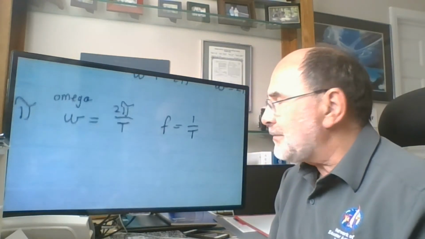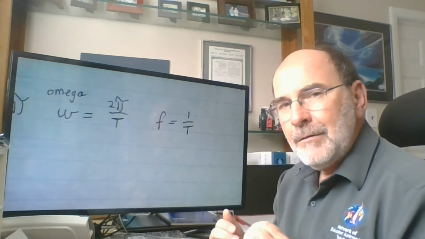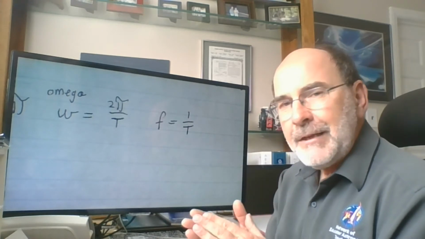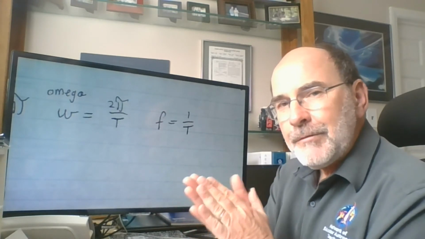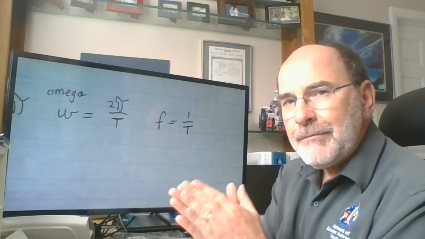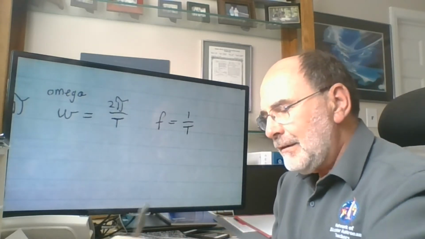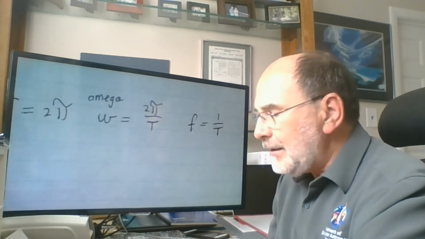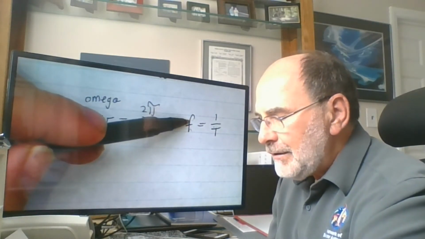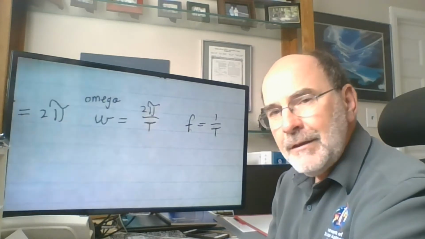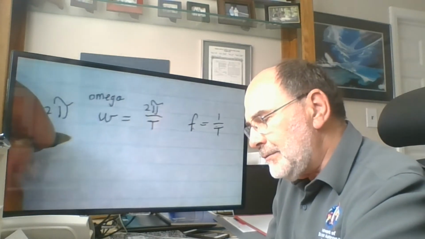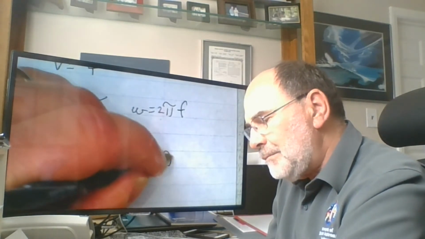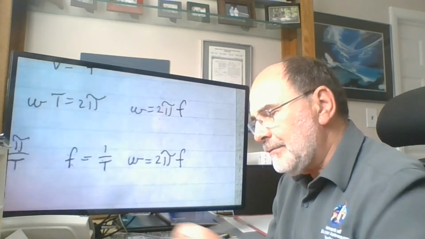If the period of time for me to clap my hands from clap to clap was 1/5 of a second, that means the reciprocal of that was I clapped my hands 5 times per second. Frequency is the reciprocal of the period. So I could substitute frequency for the reciprocal of the period here and tell you that the angular frequency is equal to 2 pi times the frequency.